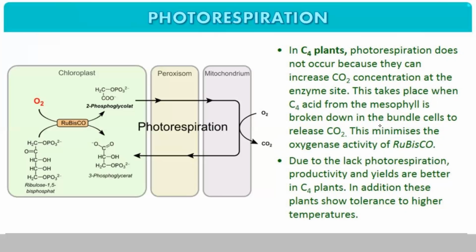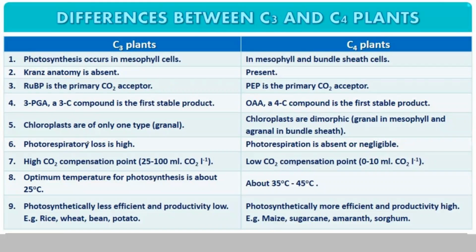And this minimizes the oxygenation activity of Rubisco. Due to the lack of photorespiration, the productivity and yield are better in C4 plants compared to C3 plants. In addition, these plants show tolerance to higher temperature. So C4 compared to C3 are better in terms of yield and productivity.